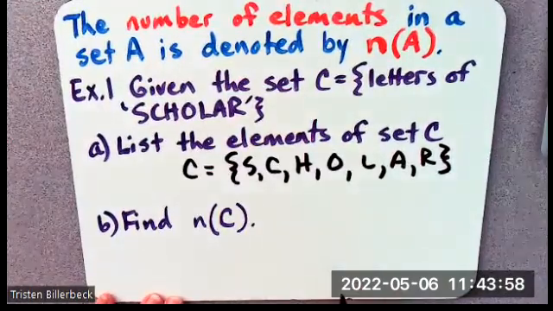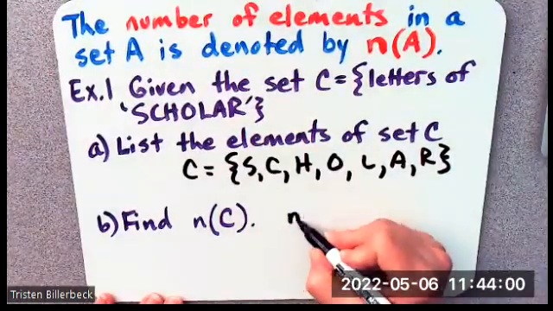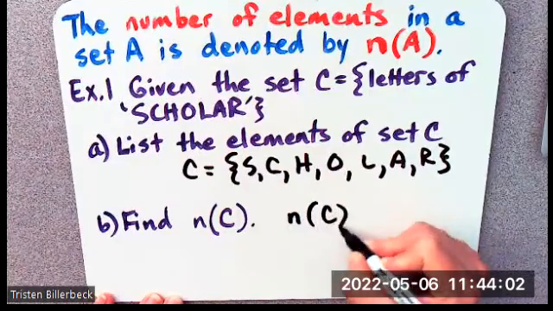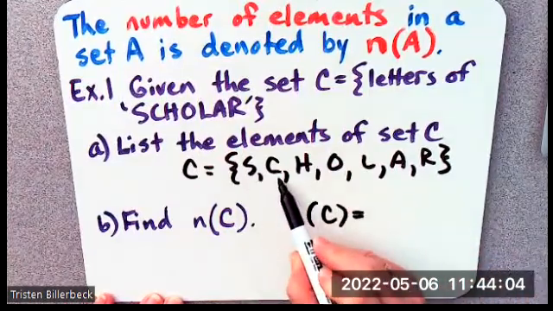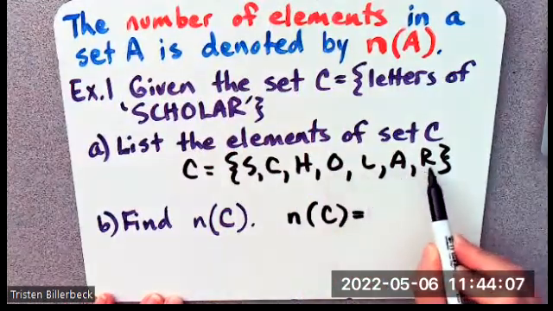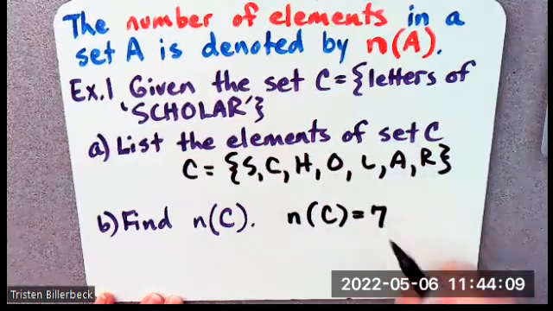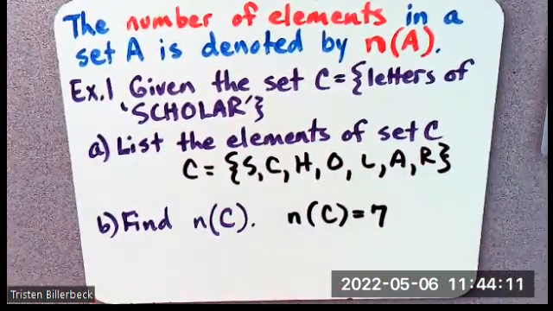Then find the number of set C. The number of set C equals 1, 2, 3, 4, 5, 6, 7. So there are 7 letters in the word scholar.